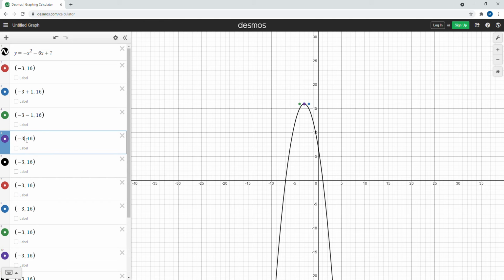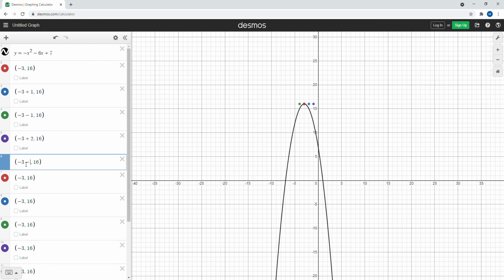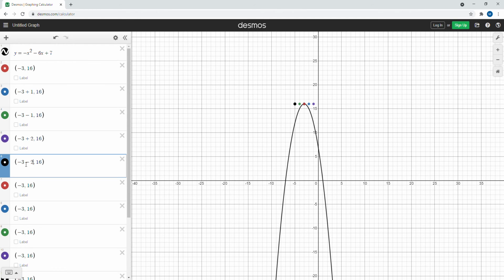So the next one, we're going to add 2 and subtract 2. Okay, so adding 2 means that we have made a point that is 2 units to the right of our vertex, and subtracting 2 means that we have made a point that is 2 units to the left of our vertex. So then we're going to add 3 on our next one, and then subtract 3 on the one after that.